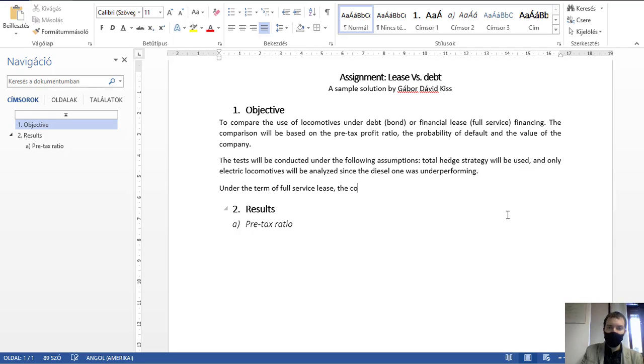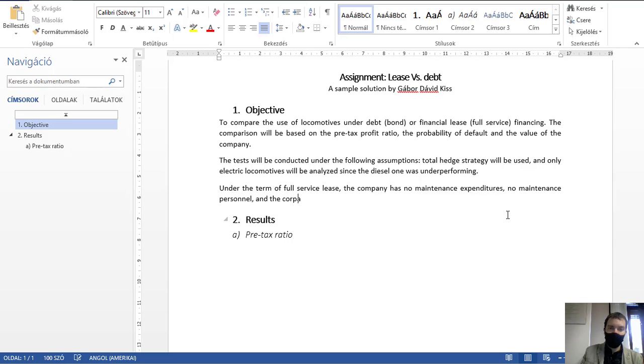Under lease the company has no maintenance expenditures, no tech, no maintenance personnel, and the locomotive has been reused.